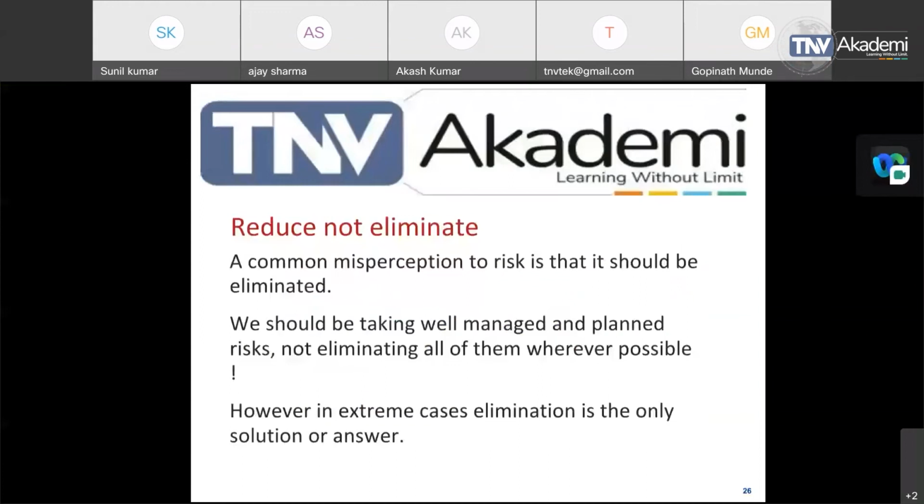That is a common misperception about risk, that everybody says risk can be reduced to a hundred percent. We can say that we should take it as a well managed and planned risk, not eliminate all of them wherever possible. However, in extreme cases, elimination is the only answer, the only solution for that.